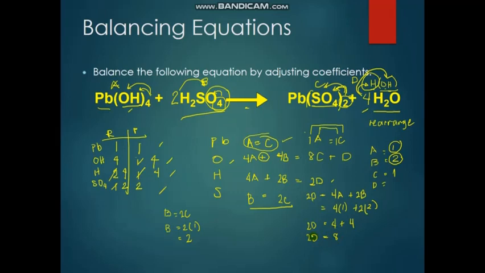So we'll just simplify. Divide both sides by 2. We have D is equal to 4. So here we have the balanced equation: 1, 2, 1, 4.